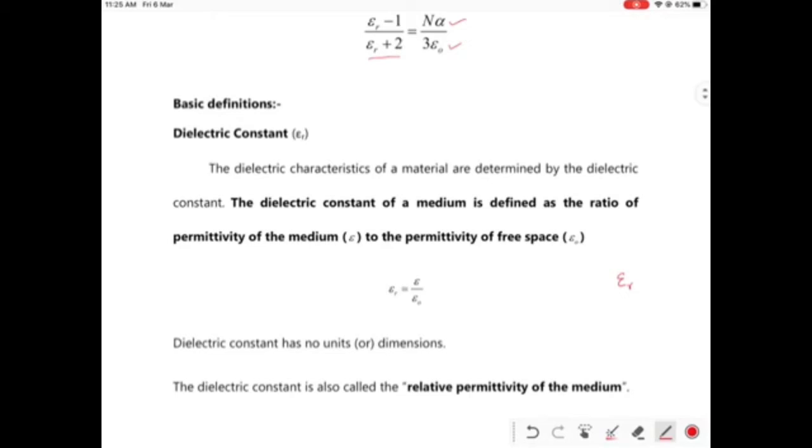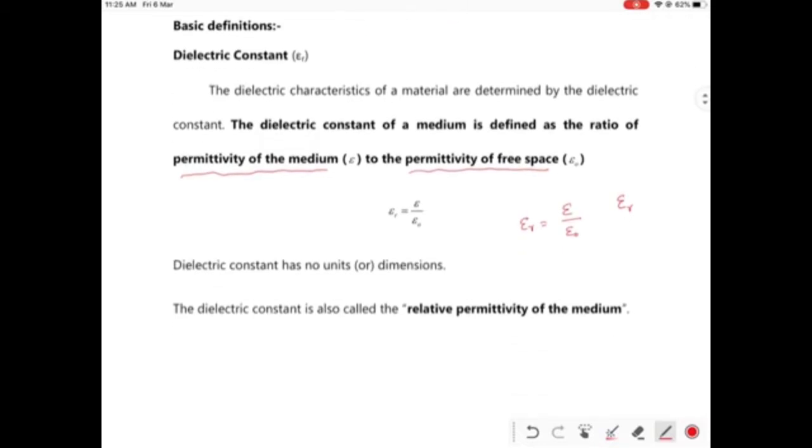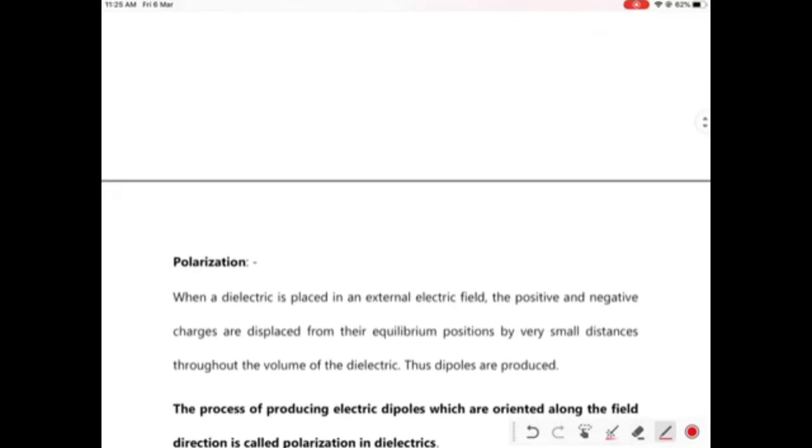The dielectric constant has no units or dimensions. It is also called the relative permittivity of the medium. So, the relative dielectric constant epsilon r is equal to epsilon by epsilon naught, where epsilon is the permittivity of the medium.